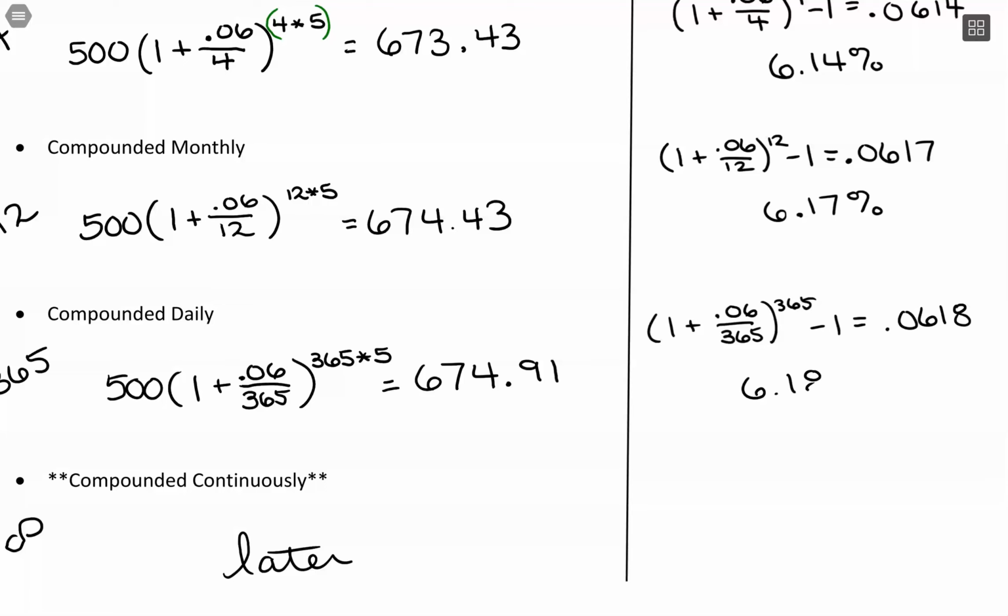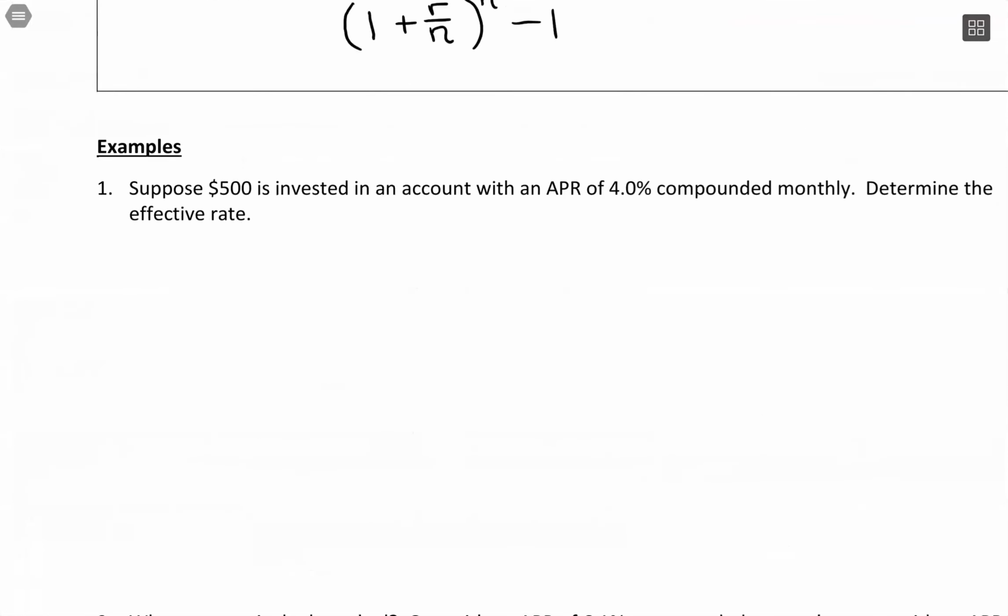So that account's really growing by 6.18% per year. And again, this continuously one we'll talk about later. So this percentage rate can give you just a clear idea of what percentage you can expect per year from that account.